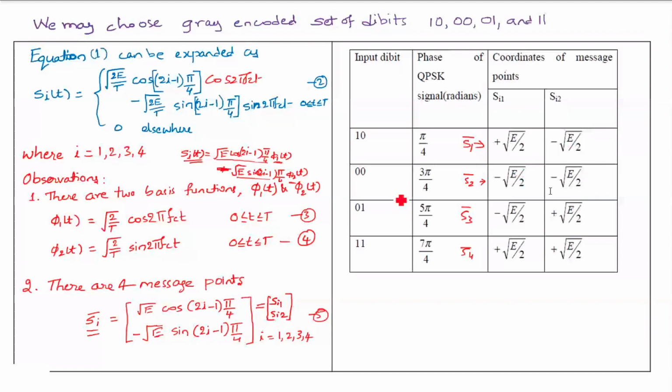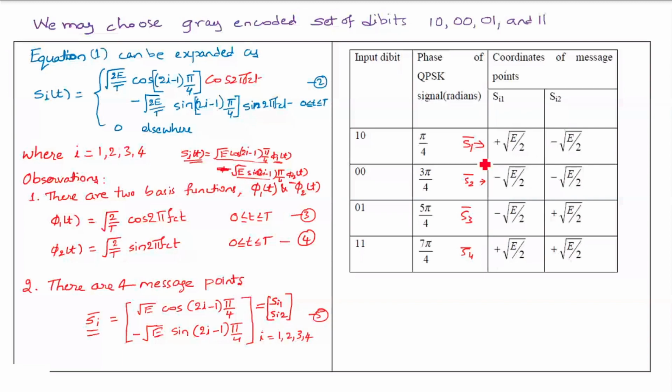For 3 pi by 4, vector S2, I can say minus square root of E by 2, minus square root of E by 2, and S3 is minus square root of E by 2 and plus square root of E by 2. S4, the phase contains, I mean, value 1 1 and corresponding amplitudes, square root of E by 2 and square root of E by 2.